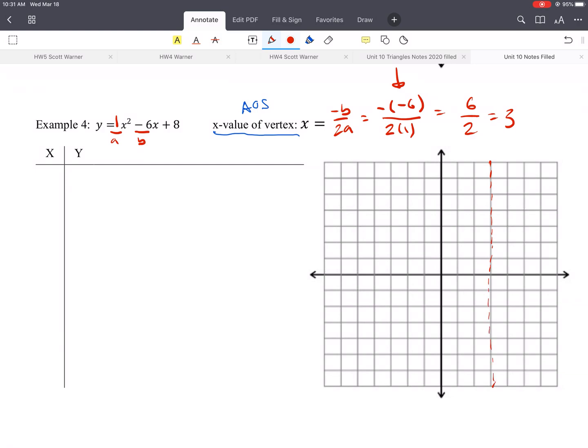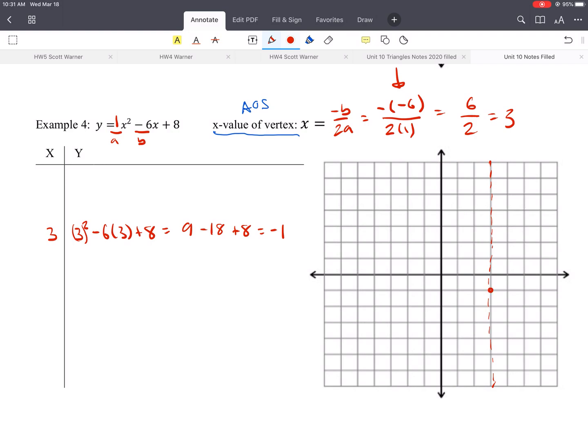And we want to find our y value. So we have 3 is our x, and we want to find our y, so we'll do 3 squared minus 6 times 3 plus 8. That gives you 9 minus 18 plus 8. Looks like that gives you negative 1. So 3, negative 1.